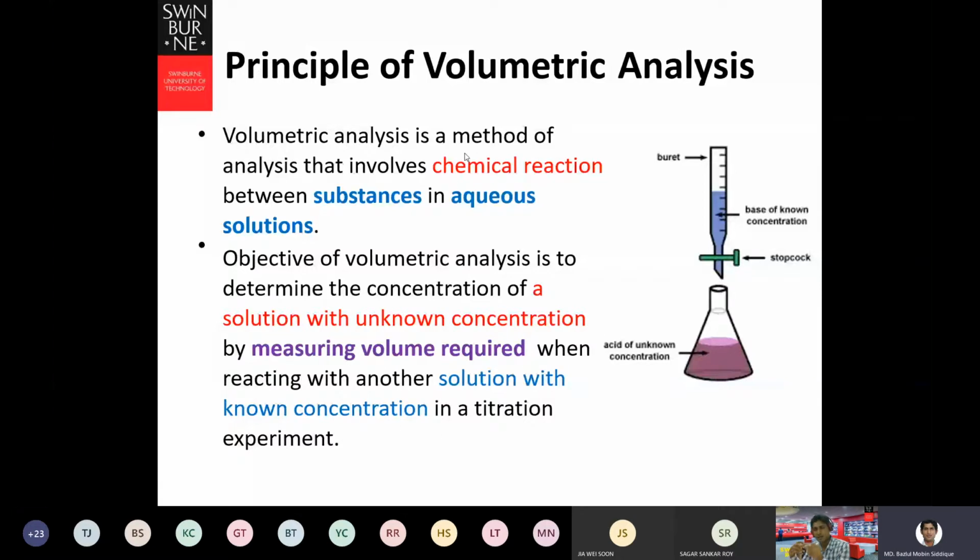Since it is an acid-base reaction, we have to neutralize. If it is an acid, we have to add base. If it is a base, we have to add acid to get it neutralized, because we know that acid and base make water and salt. And when there is no acid or base anymore, we call it the neutralized solution.